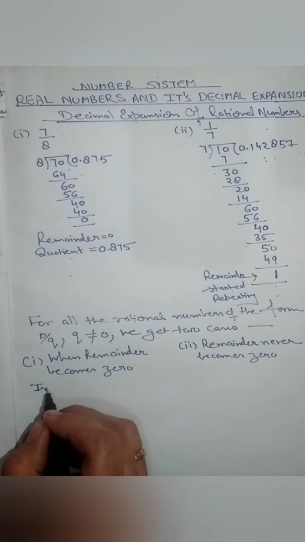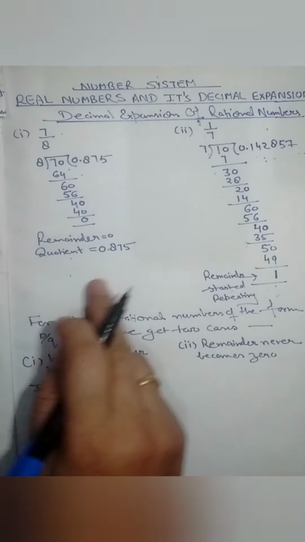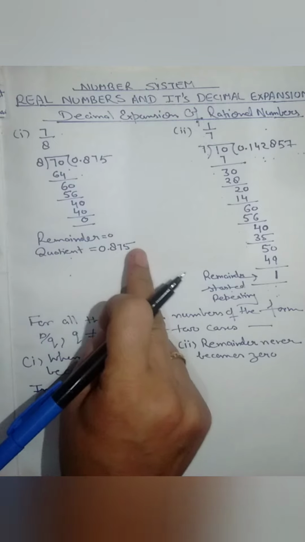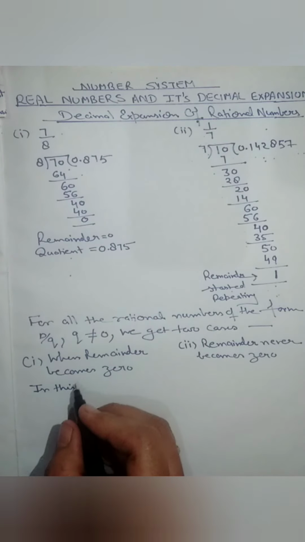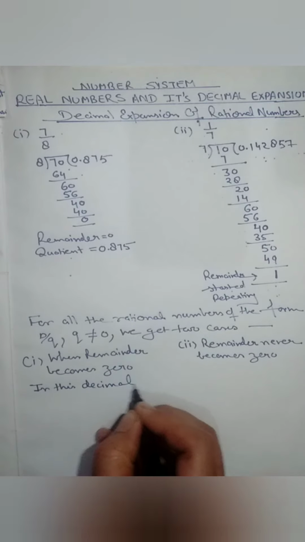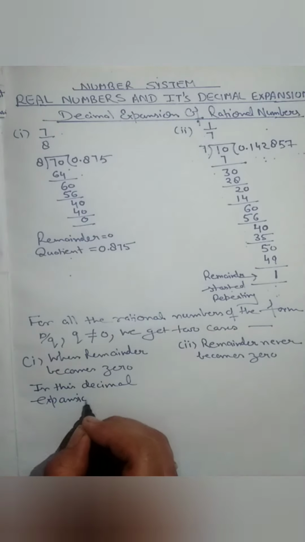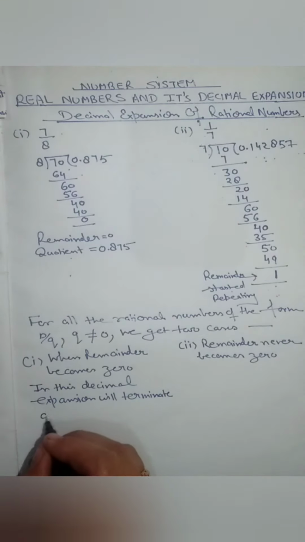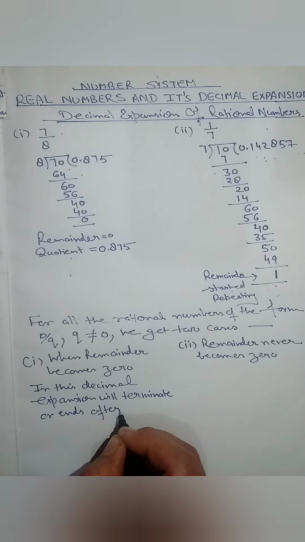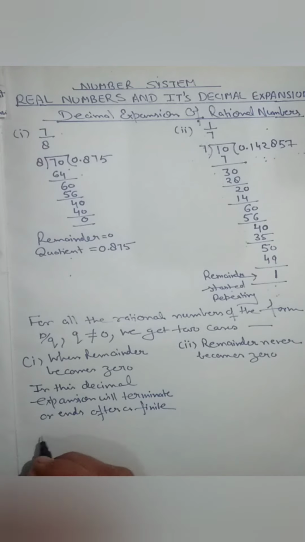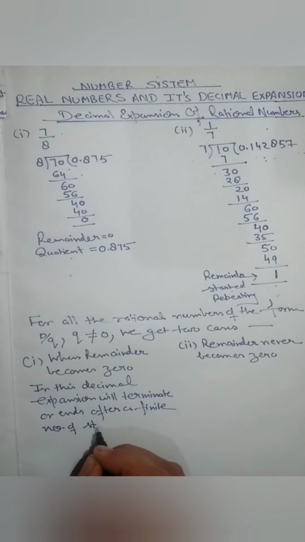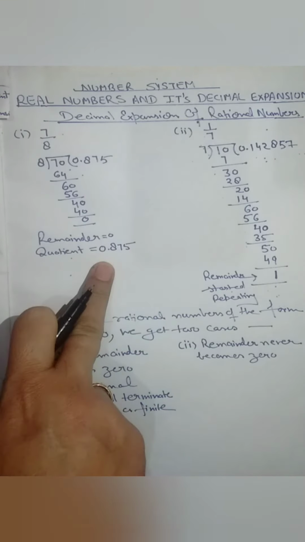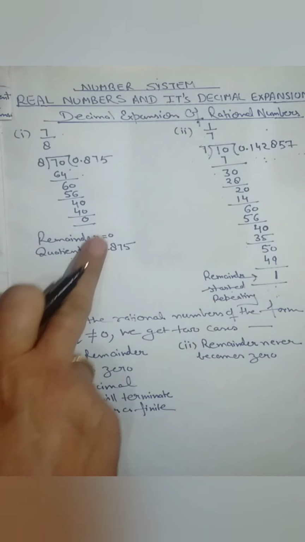In the first case, decimal expansion will terminate or you can say ends after a finite number of steps.